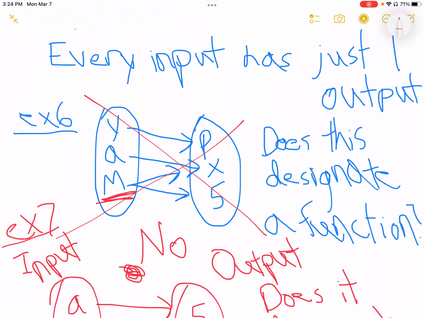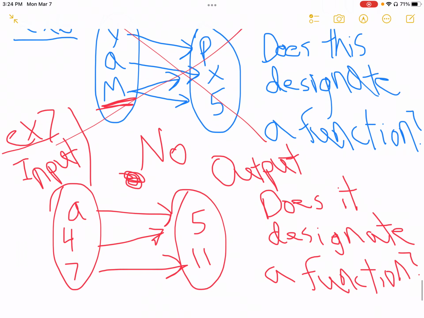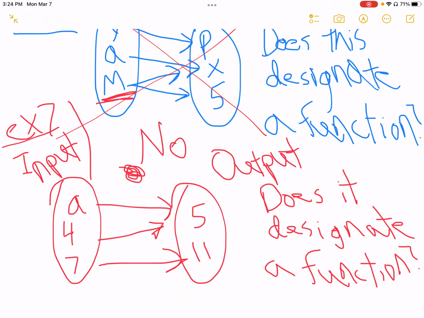The same thing is true here. If we had a function that was not reproducible, then something's wrong with our calculator, or with the function. So in the second example, 7, a goes to 5, 4 goes to 5, 7 goes to 11, but each input only goes to one output.